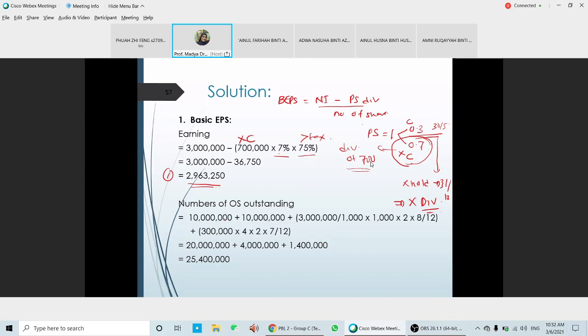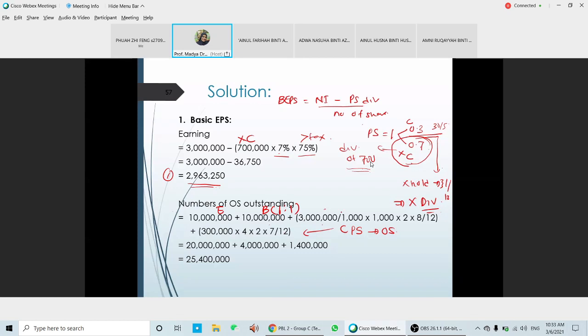And then the next one you need to calculate is the number of outstanding shares. This is the existing number that you have, plus 10 here from the bonus. Bonus is 1 to 1. And then this one is the one that you convert from preference shares. Sorry, this one is for this one.